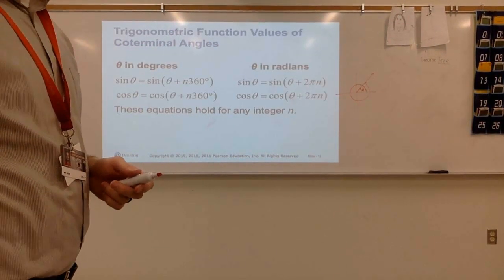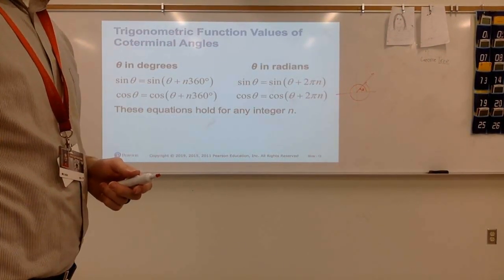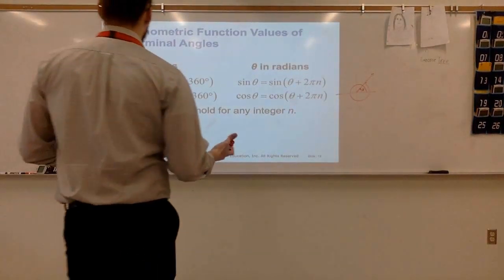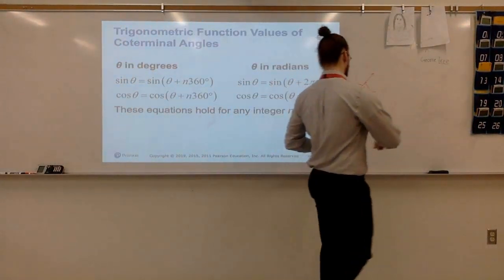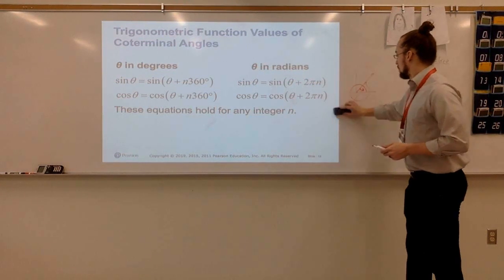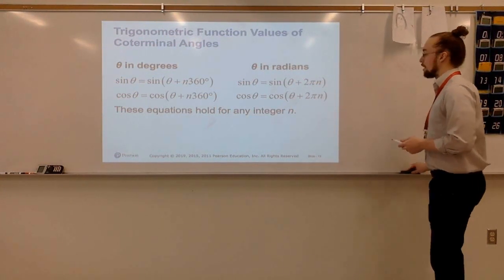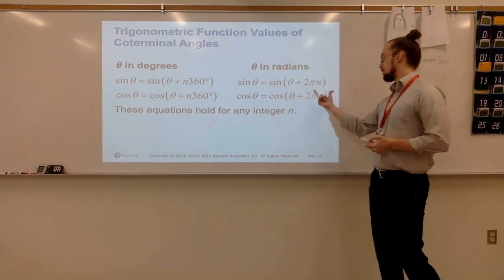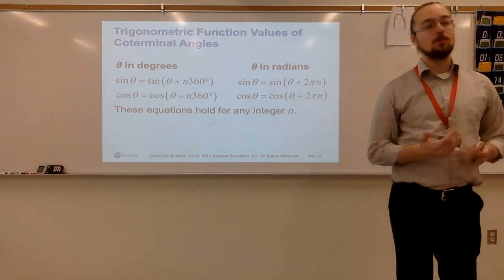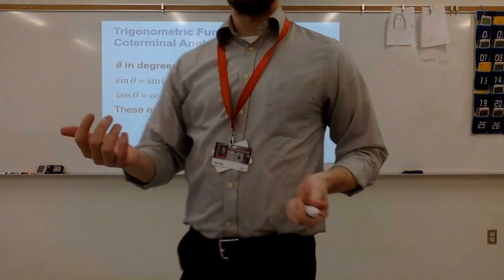Again, no matter where that coterminal angle is, if we're adding 360 or adding 2 pi onto an angle, the trig functions are going to be the same.